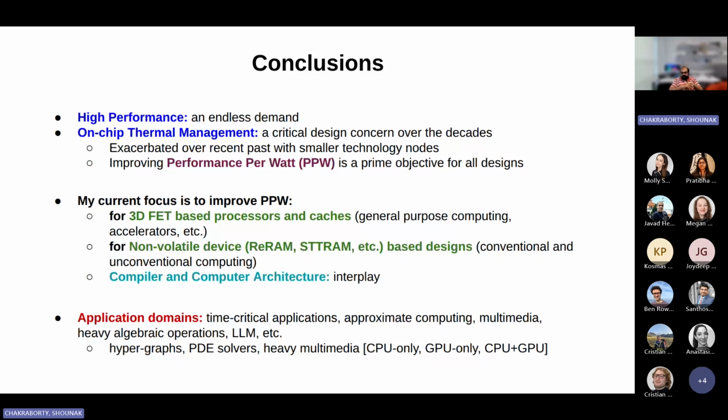Some will be only on GPU. But of course, we don't have a good set of applications that can be executed on both CPU and GPU together. We don't have this kind of benchmark available. So one of my students is currently working on developing this kind of benchmark. The primary objective is to study the shared cache behavior when we have shared data between the CPU and GPU.